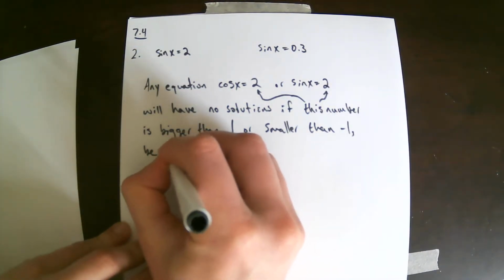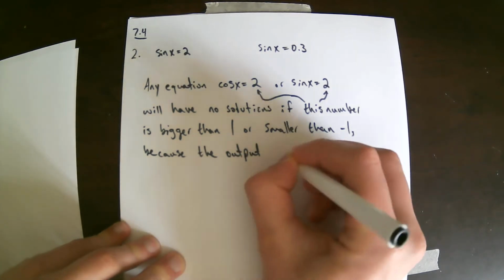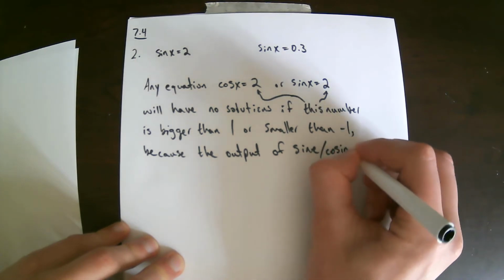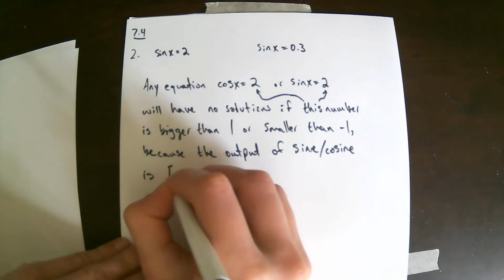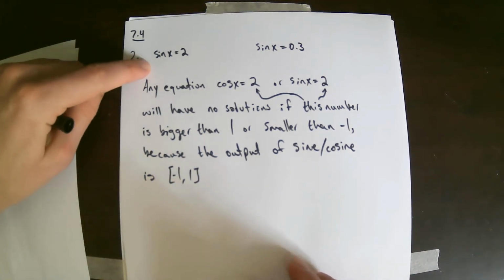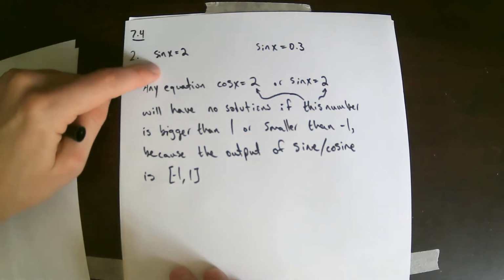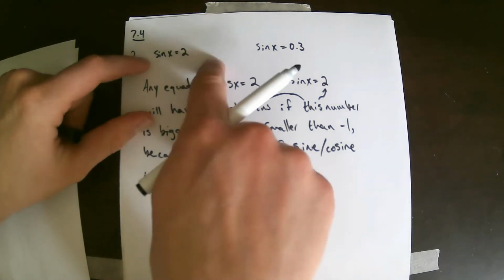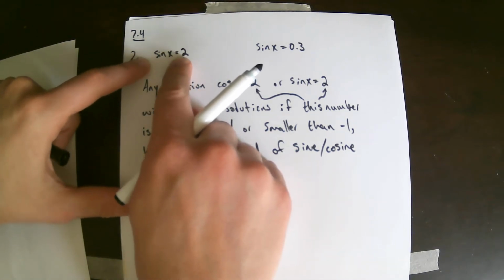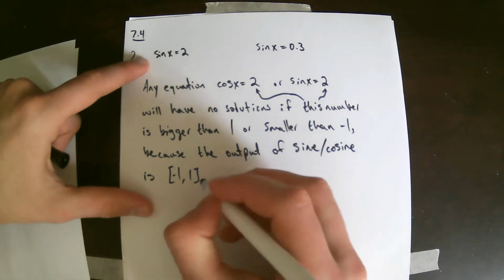Because the range of sine and cosine is -1 to 1. So if I'm asking you to solve an equation that says sine x equals something or cosine x equals something, and this output, the 2 in this case, is outside of this range, then there's no solution.